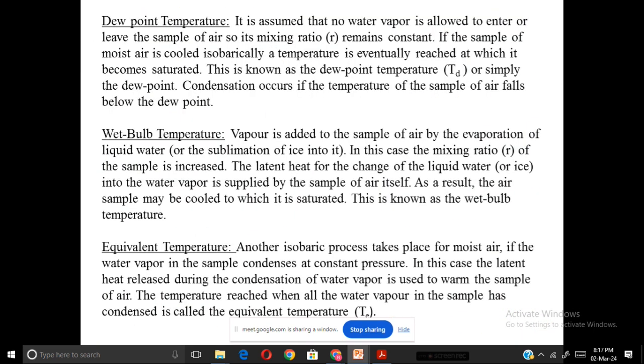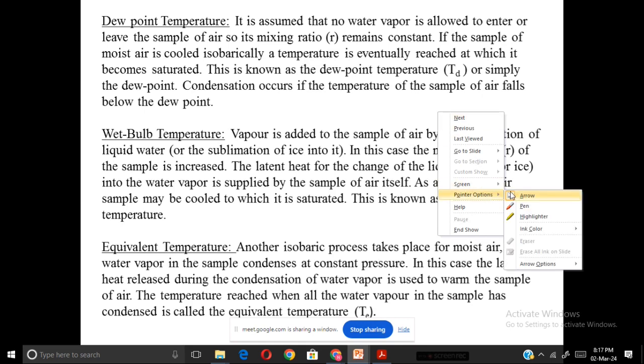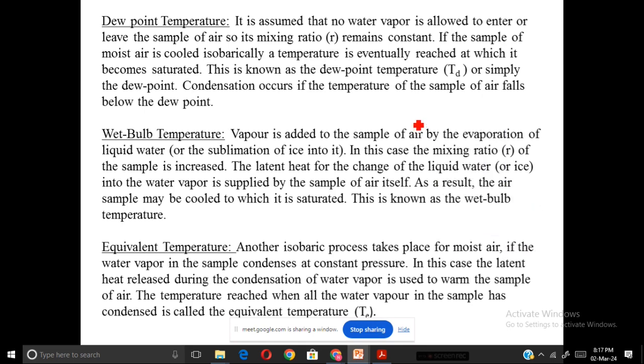Okay. So dew point temperature is a temperature that a parcel would attain when, suppose T is the initial temperature of the parcel and R is the mixing ratio. This is the characteristic of an air parcel, and now we want to make it saturated.